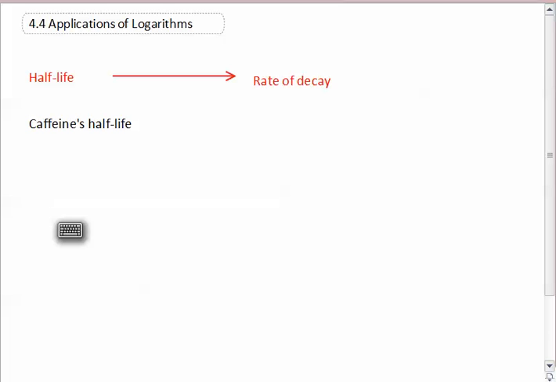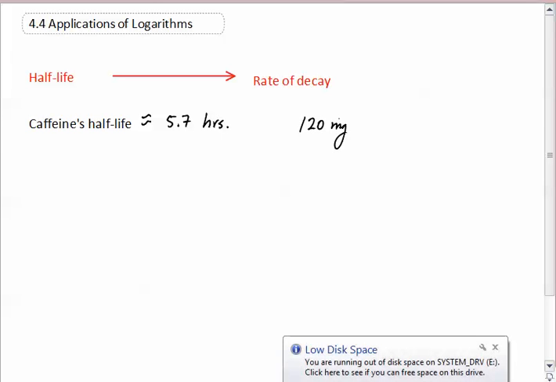Okay. So let me go ahead and give you the approximate half-life of caffeine: 5.7 hours. Now, what does that mean? That means that let's just say I started with 120 milligrams in my cup of coffee. That's a little bit lower than maybe a really strong brew, but anyway, 120 milligrams.